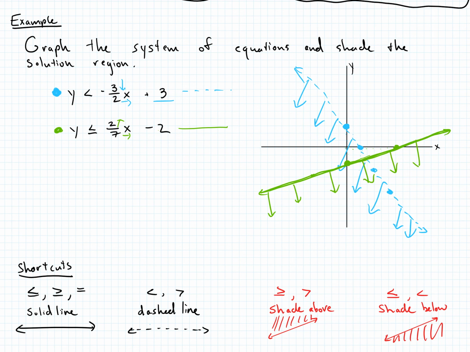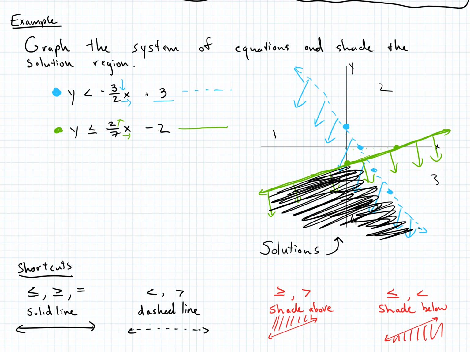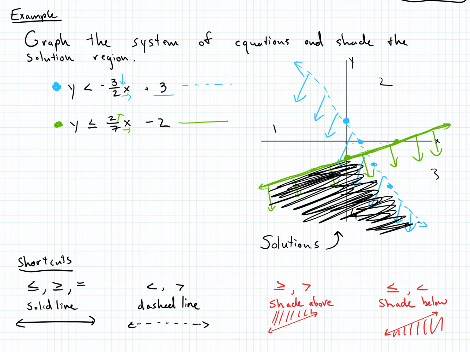All right, and now we need to shade our solution region. So we do have 1, 2, 3, 4 different regions, but only in region 4 do the two shadings overlap. So at the end of the day, everything I'm shading is a solution. Now think about this. In the previous problem, we found a point that was a solution.